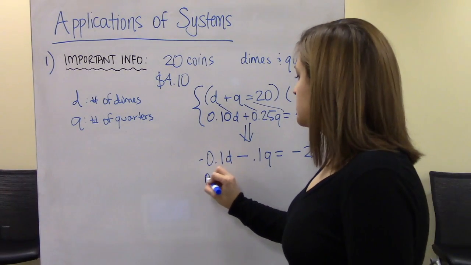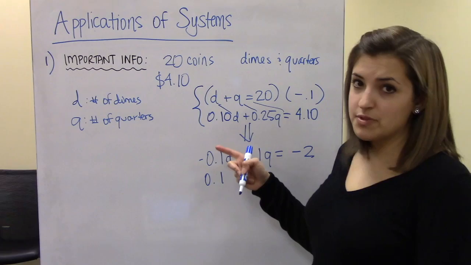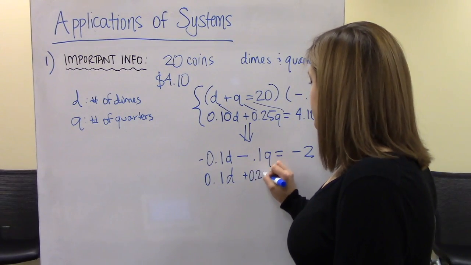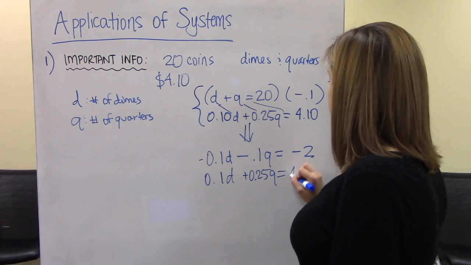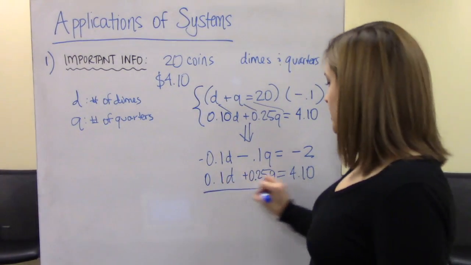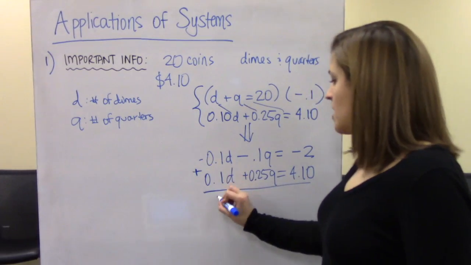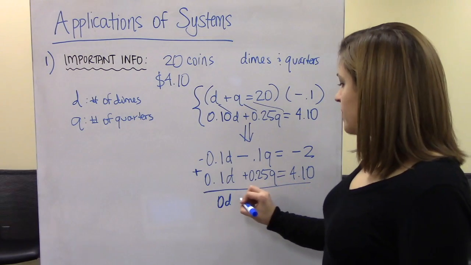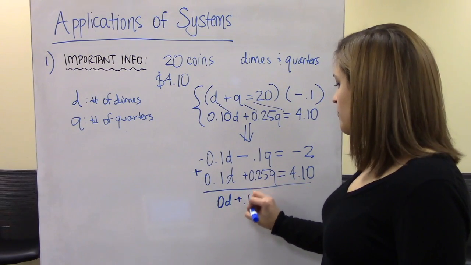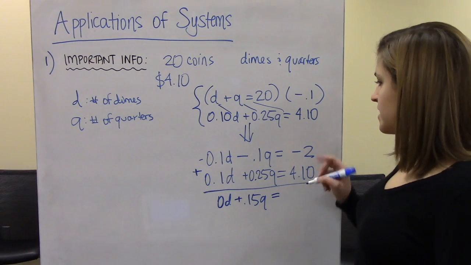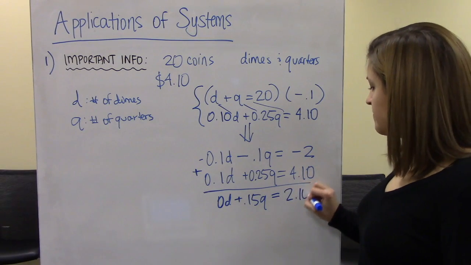And my other equation is 0.1, I don't really have to put the 0 there, D plus 0.25 Q equals 4.10. And now when I add these up, my dimes are going to cancel. So add them together. I have 0 D, negative 0.1 plus 0.25 is going to be plus 0.15 Q equals 4.10 plus negative 2 is going to be 2.10.